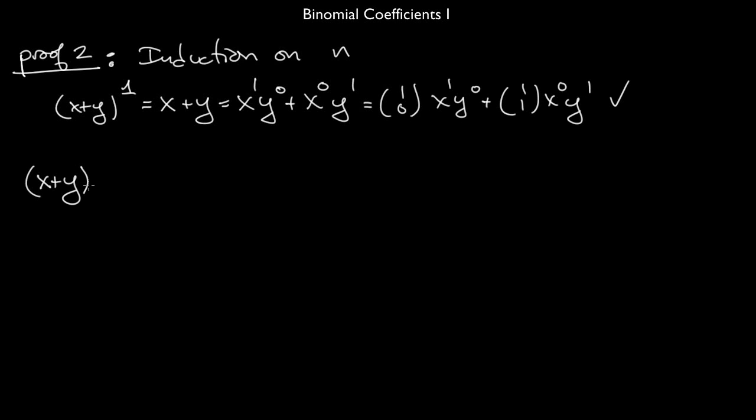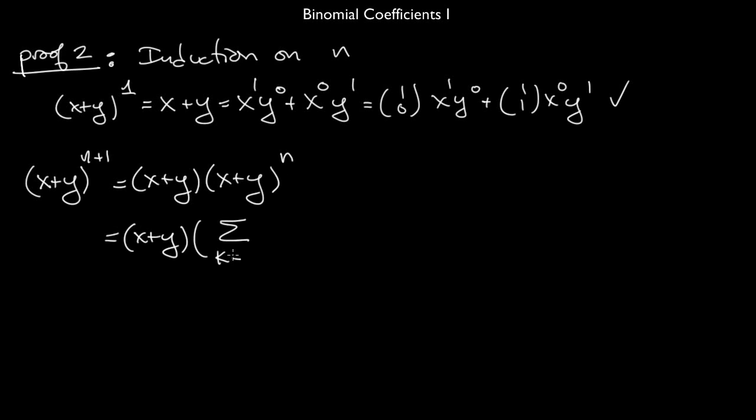So for induction, let's assume we know it for x plus y to the n, and write x plus y to the n plus 1 as x plus y times x plus y to the n. And now it's sort of obvious what you have to do: expand out the second term and then start manipulating. So the second term is the summation of n choose k, x to the k, y to the n minus k. And let's see, how are we going to work this out?